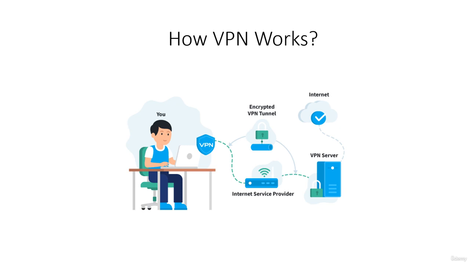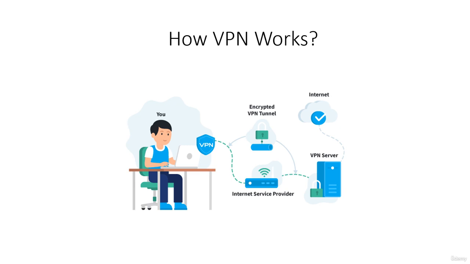When the connection has been established, first the VPN software on your computer encrypts your data traffic and sends it to the VPN server through a secure connection. Then the data goes through your internet service provider, or ISP, but they can no longer snoop because of the encryption.